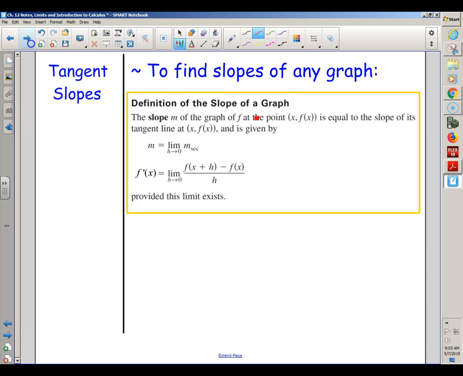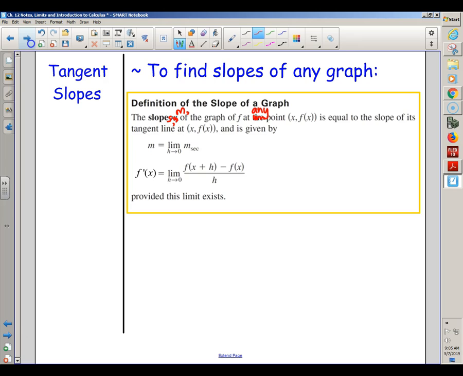I want you to take out the word the and write any at any point x, f of x. And I want you to write the slopes, plural. The slopes m of the graph of f. Only lines have one slope. Every other graph has multiple slopes.